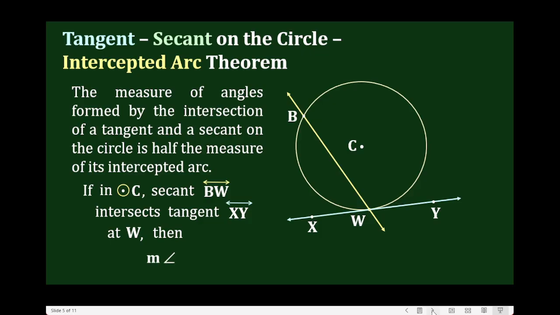So if we are to determine the measure of this angle formed by a secant and a tangent, whose vertex is on circle C, the measure of angle BWX is equal to 1/2 the measure of its intercepted arc BW.